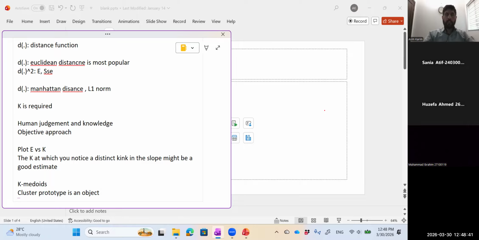Mean is a mathematical point that may not be an actual object. But in K-Medoids, it's an object. And the medoid नाम वहीं से आ रहा है, median object, the middle object. ठीक है ना? So the prototype, each cluster is defined by the centrally located or the median object in the cluster, not a mean. ठीक है?